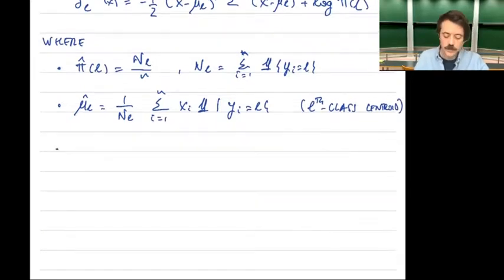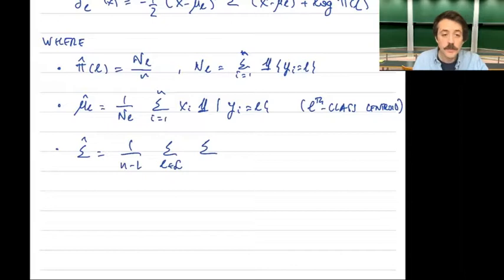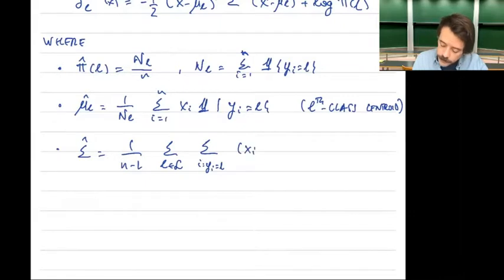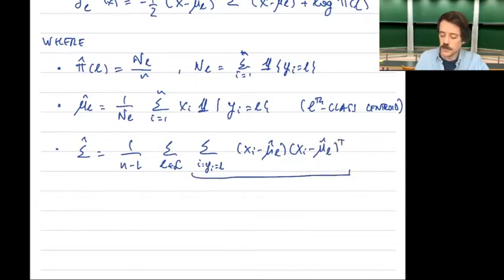And then last, we have the sample covariance matrix that we're going to rescale by n minus capital L for unbiasedness. Let me write this differently. We sum over those data points whose label is L, and of course we look at the sample covariance for each of the possible labels.